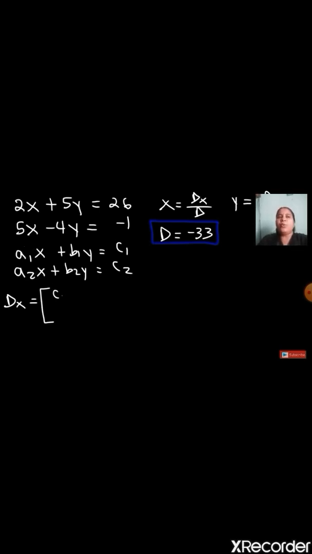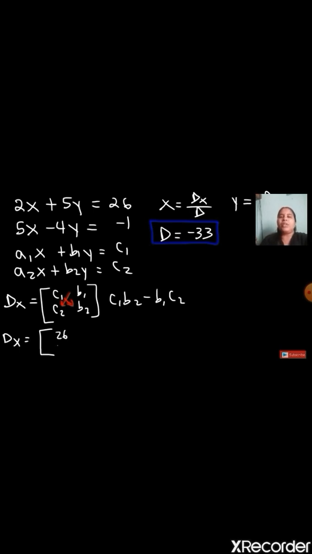There we don't have to do any changes. So dx is equal to c1, c2, b1, b2. Substituting the values now. c1 is 26, c2 is minus 1, while b1 is 5 and b2 is minus 4. Cross multiplying, we will get c1 b2 minus b1 c2.